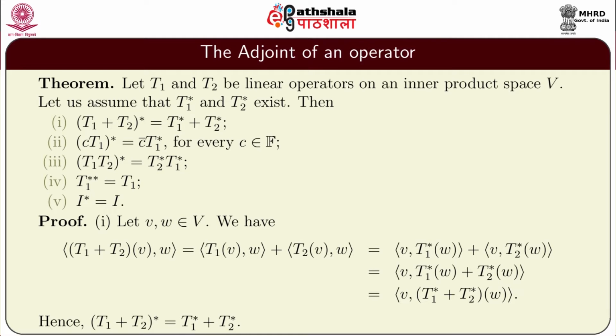Therefore, by the uniqueness, we have (T1 plus T2) whole star is T1 star plus T2 star.